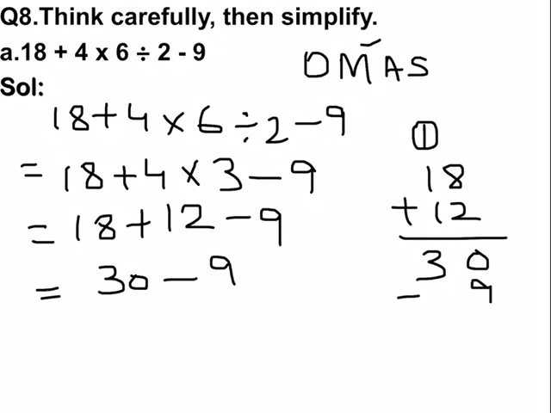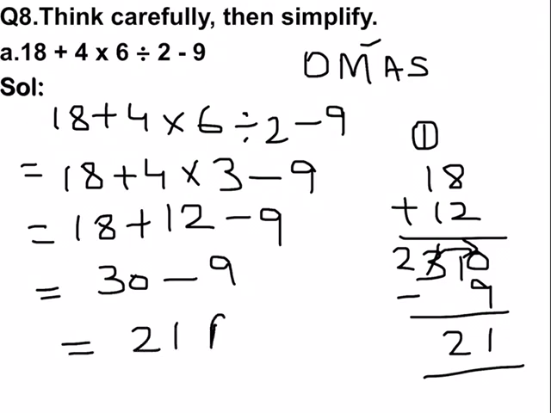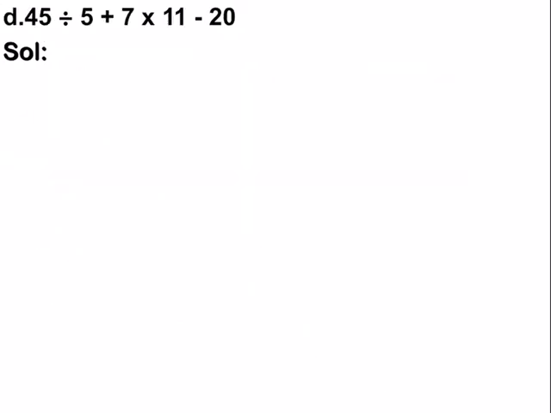Now we will subtract. First we will take carry. Take 10, 10 minus 9, 1. Here is 2. So the answer of part A is 21. And the answer of part A is 21. Understand student? Now part D.